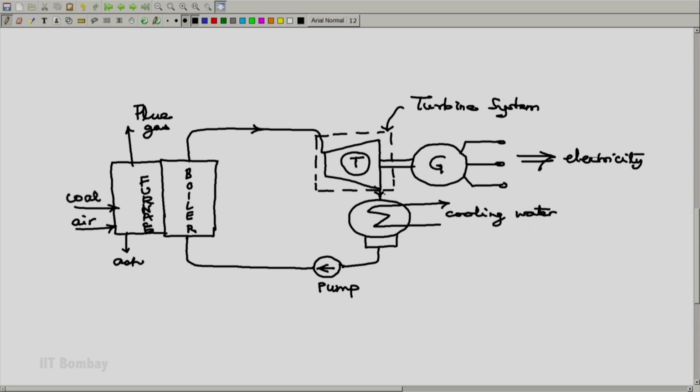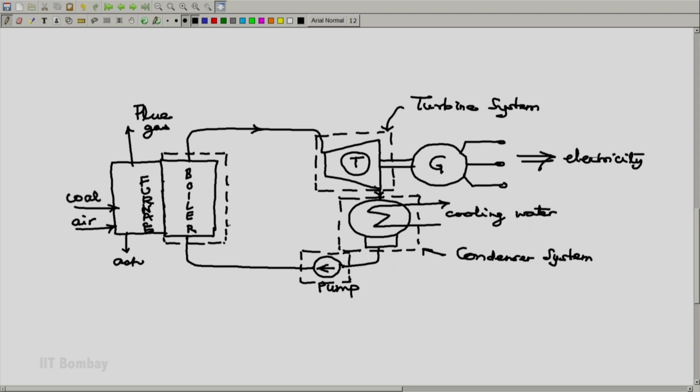One inlet, one exit, so it is an open system. Similarly, we can apply the laws of thermodynamics to the condenser as a system or to the pump as a system. When it comes to boiler, we can consider just the water holding and water flowing part of the boiler which converts water into steam as our system.